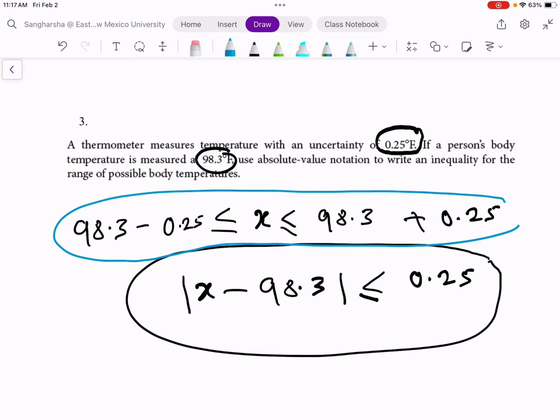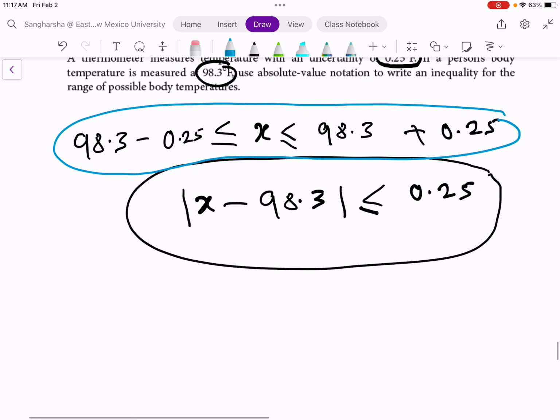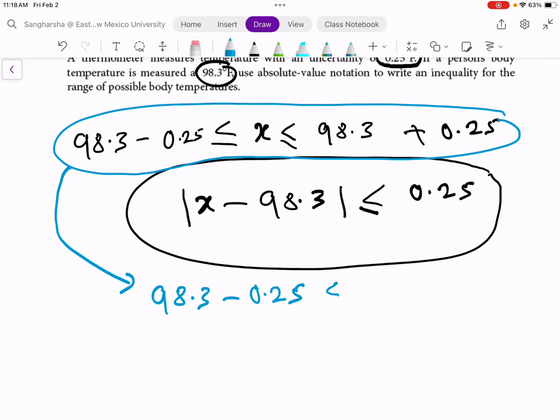So let me take this one more time. We have 98.3 minus 0.25 less than or equal to x less than or equal to 98.3 plus 0.25. So let's subtract 98.3.